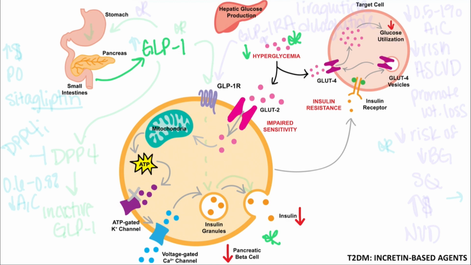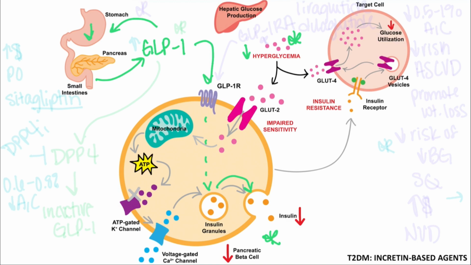So the released GLP-1 will bind its receptor on pancreatic beta cells to promote insulin secretion and lower blood glucose. GLP-1 also delays gastric emptying time and promotes satiety, which we'll come back to in a second.